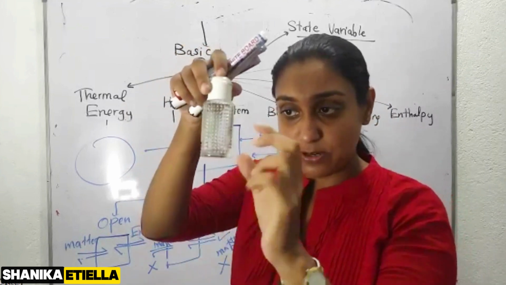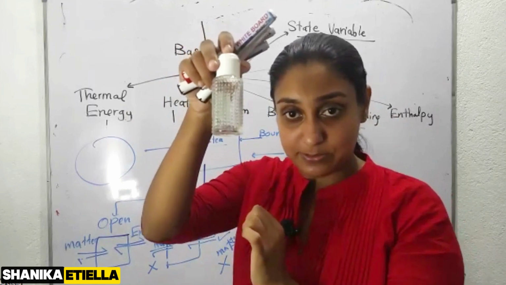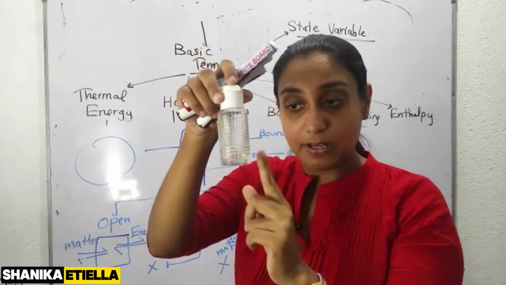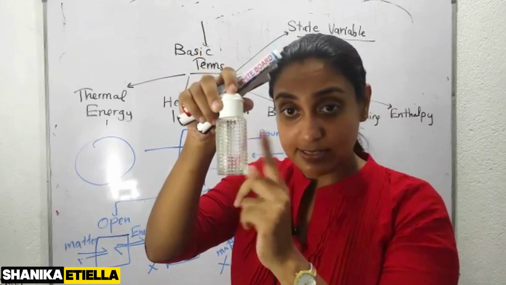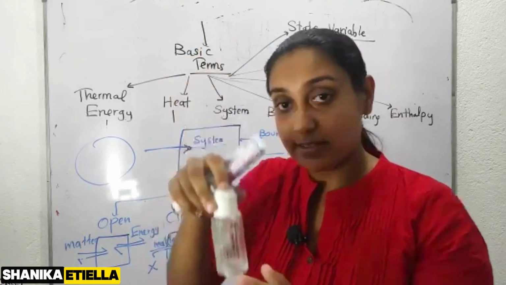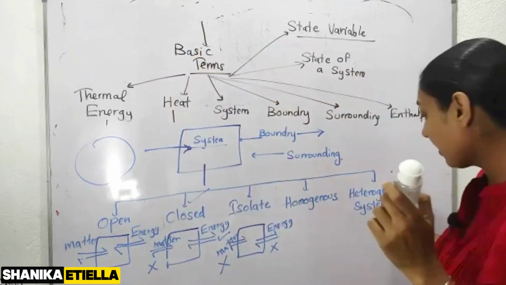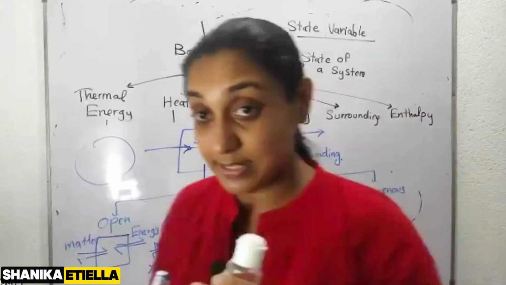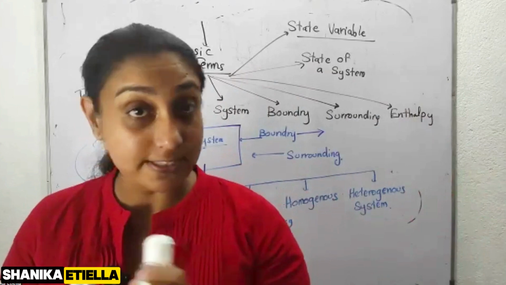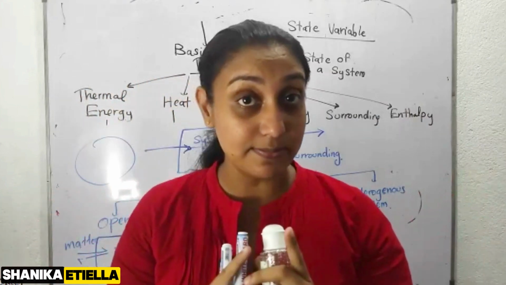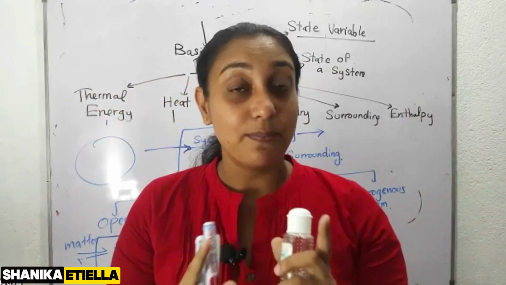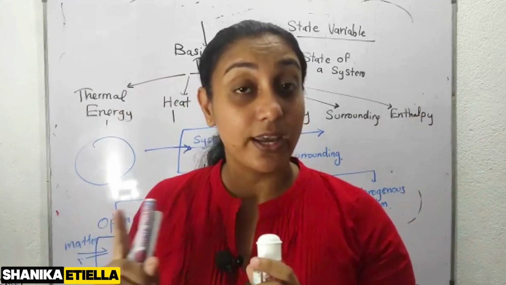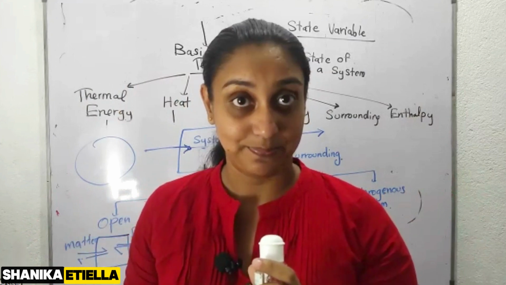There is only a small portion of liquid here. So this closed system contains a liquid phase and a gas phase. That kind of system is a heterogeneous system, which means if the system contains more than one physical state, those systems are called heterogeneous systems.